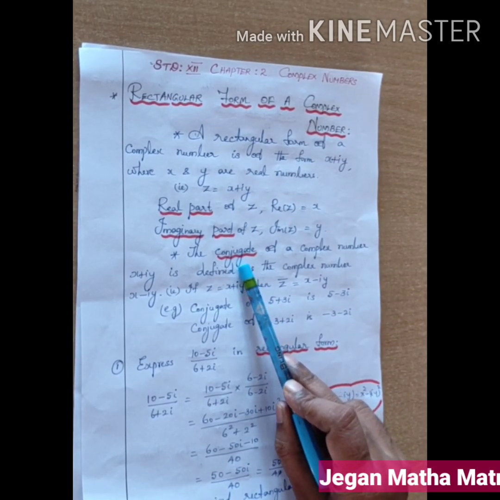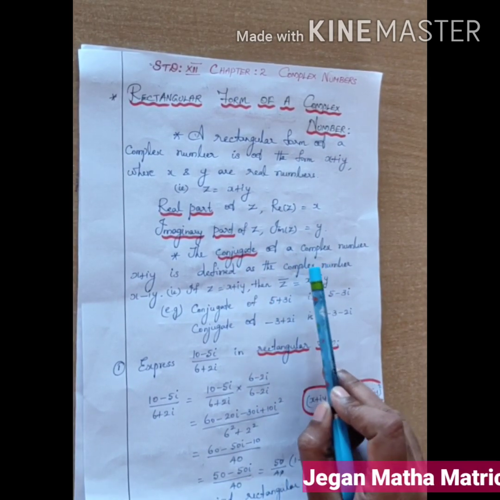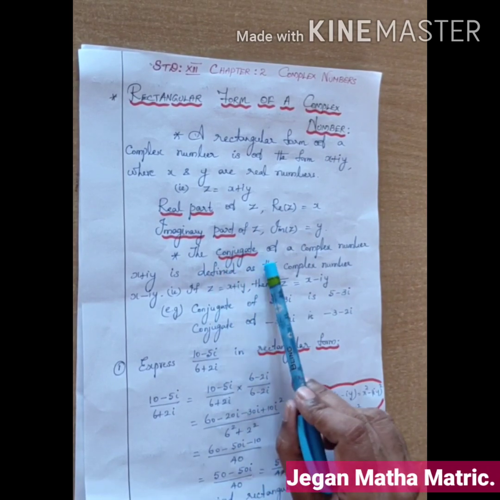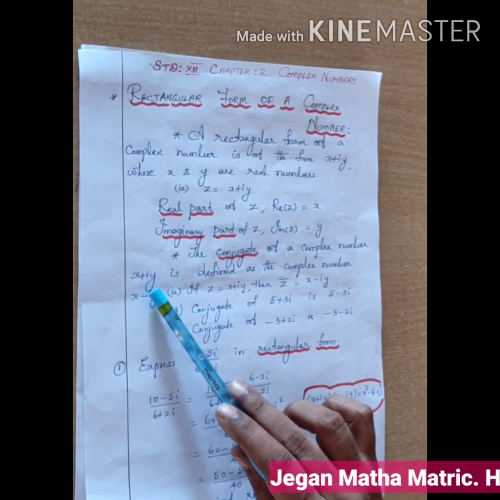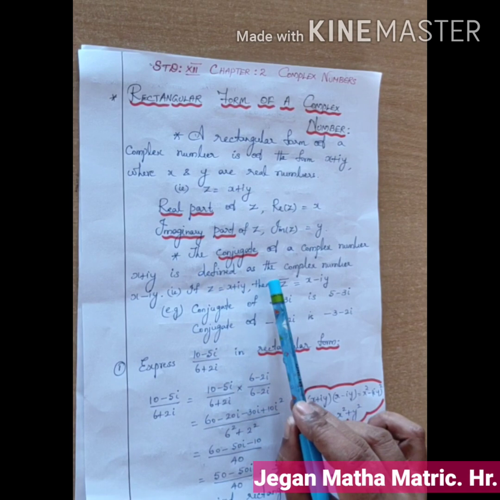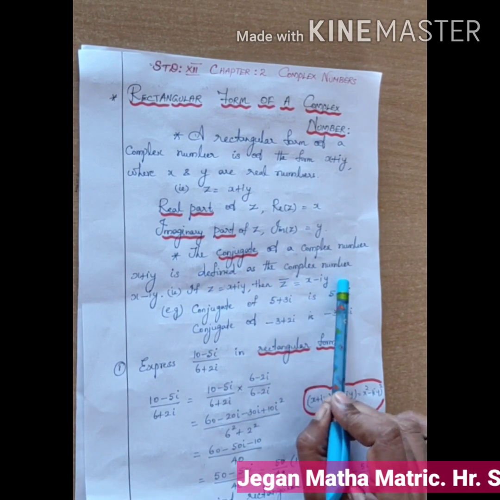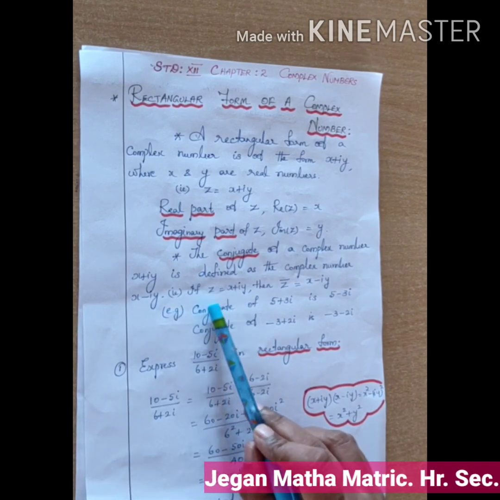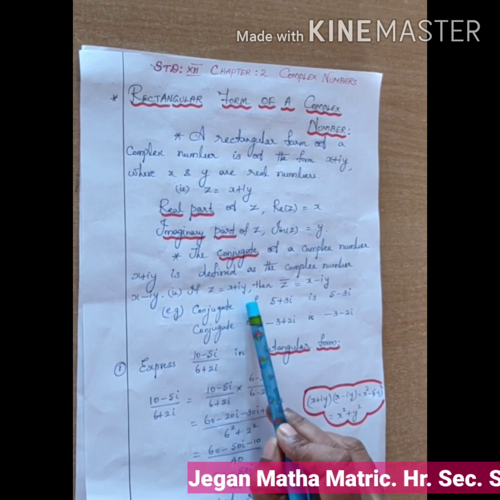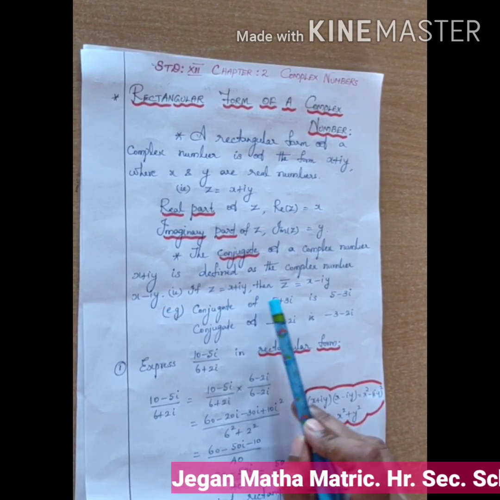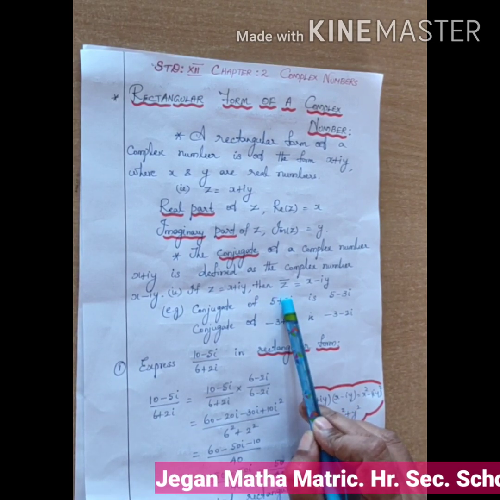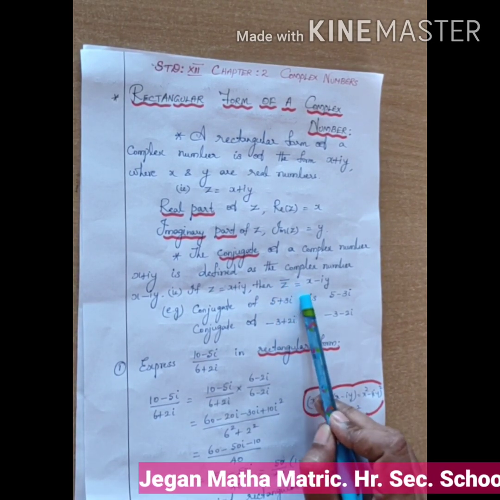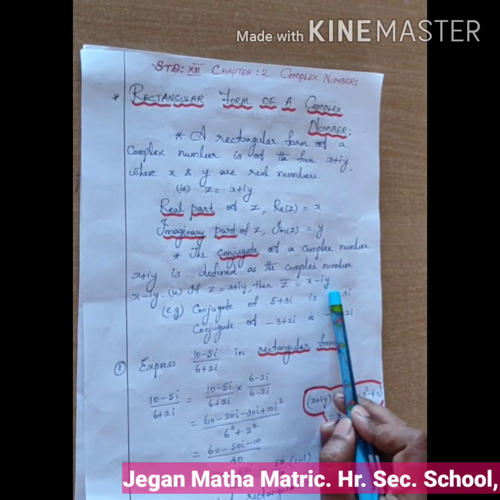The next point is conjugate of a complex number. The conjugate of a complex number x plus iy is defined as the complex number x minus iy. So if z is equal to x plus iy, then complex conjugate of z is z bar, which is equal to x minus iy.